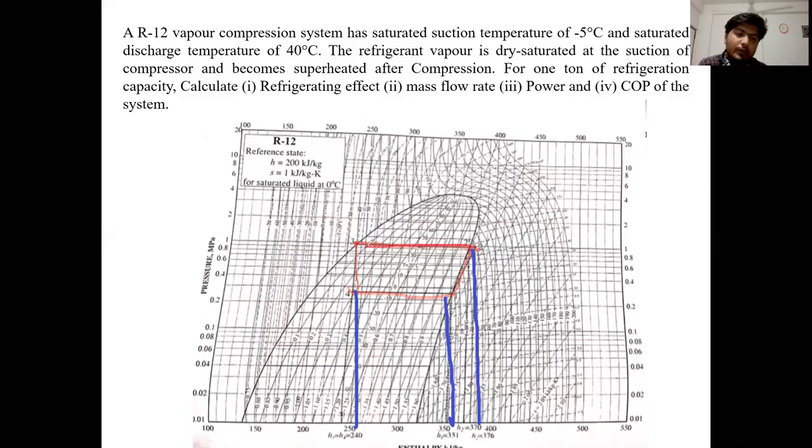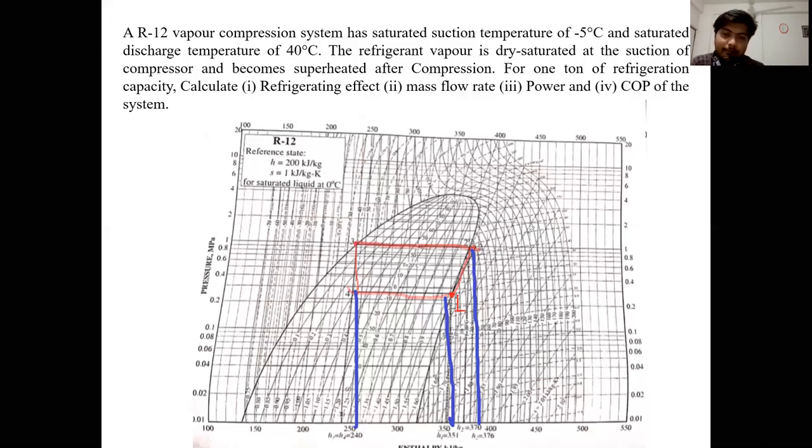Draw the two temperature lines and locate first the refrigerant at the inlet of the compressor, which is dry saturated vapor. That means point 1 lies on the saturated vapor line. That is point number 1. And how to locate point number 2?